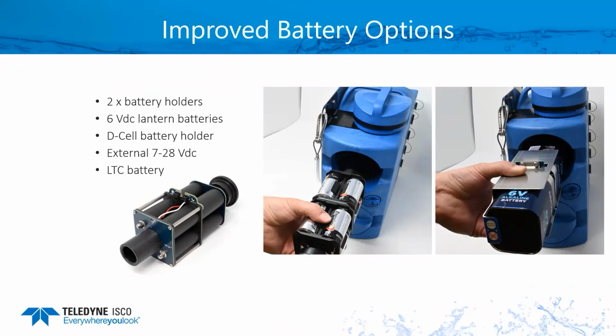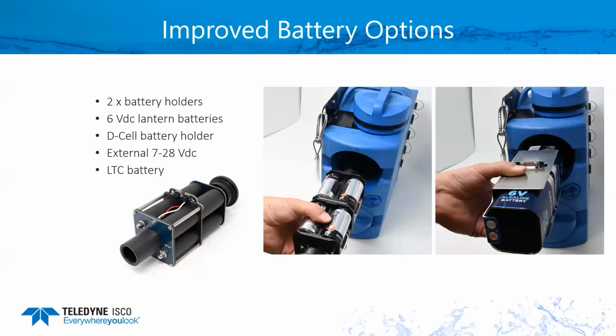Now let's take a closer look at the batteries. So you noticed we had 2 different battery holders on there. And so this allows us to actually put up to 4 6-volt lantern batteries in there. And so the nice thing about that is then it's actually going to switch to the different battery banks. If you don't have access to the lantern batteries, we have a D-cell battery holder.